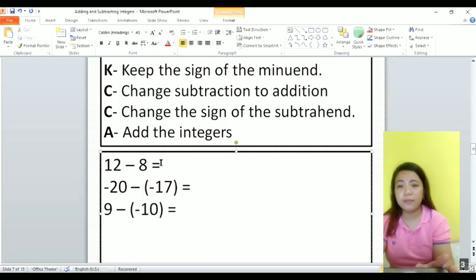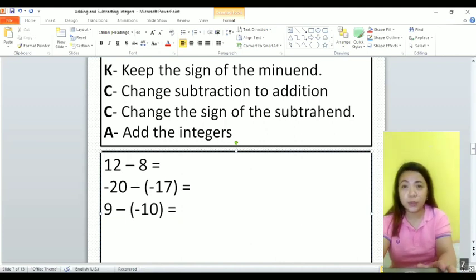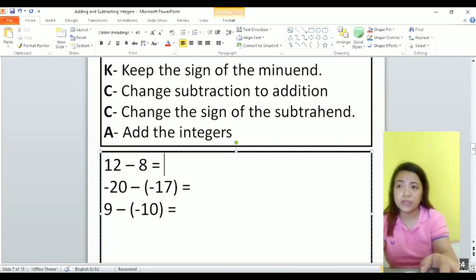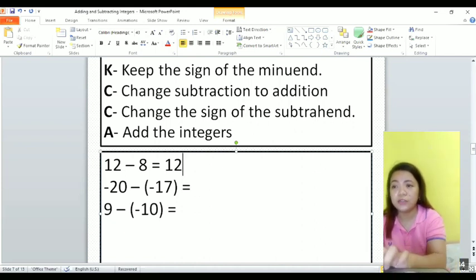First, 12 minus 8. Of course, we already know what 12 minus 8 is, but we're going to show how 12 minus 8 happens if we use the KCCA method. So 12, first, keep the sign of the minuend, which is 12. Then, we're going to change subtraction here into addition.